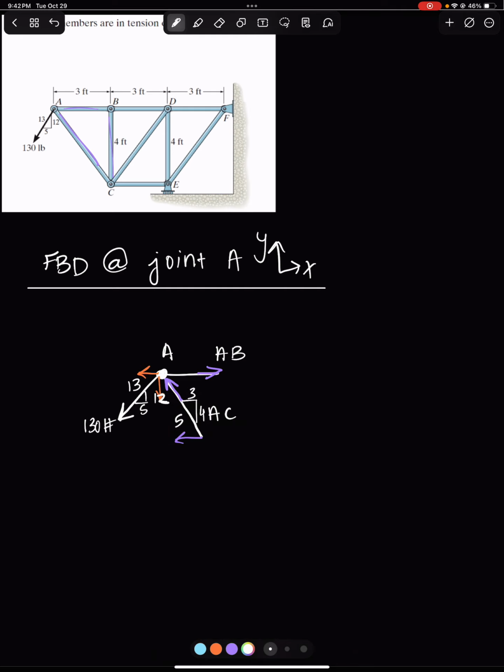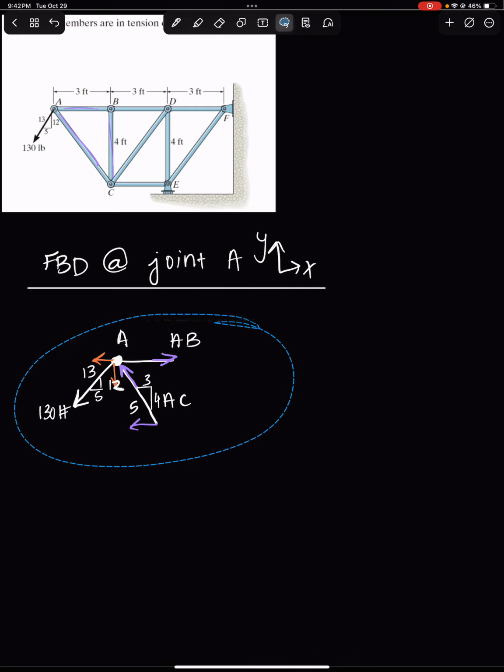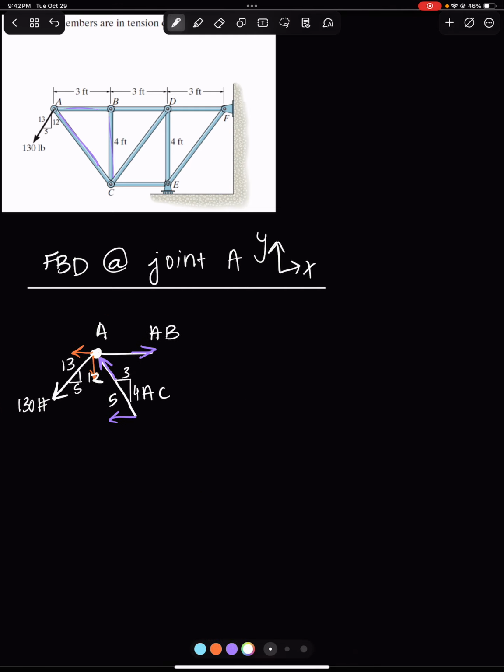So let's go ahead and do our equations of equilibrium for this free body diagram at joint A. The sum of the forces in x equals 0 equals the x component of our 130-pound force, which is 5 divided by 13 times 130, and the negative x direction will give us negative 50, plus a positive AB minus 3/5 AC.